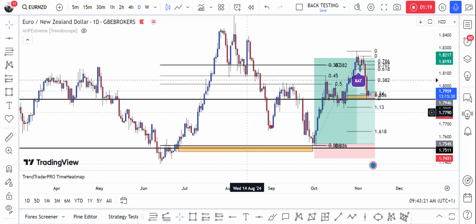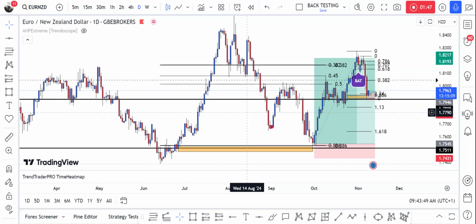Let's talk about the structure first, before the measurement. Do you have a harmonic structure that will potentially lead you to your potential reversal zone of interest? And at the interest, what are we looking for?